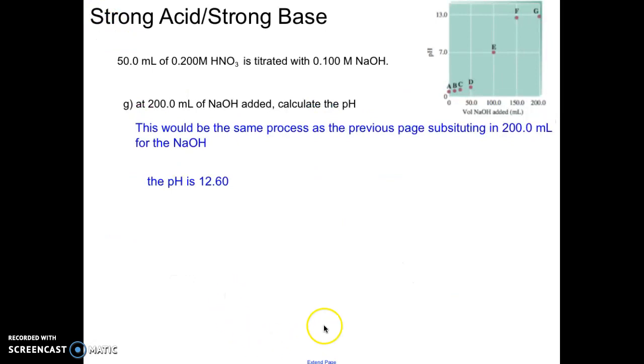And finally, if we were to continue and add 200 milliliters of NaOH and calculate the pH, the process would be the same as the previous page for the NaOH. And the pH, notice how it didn't change significantly. That's 12.60.